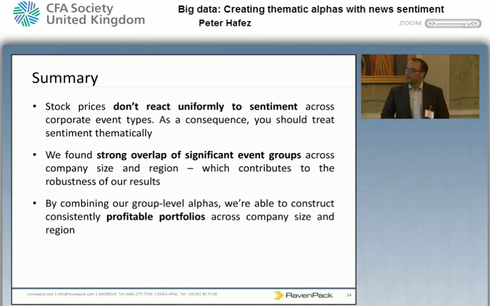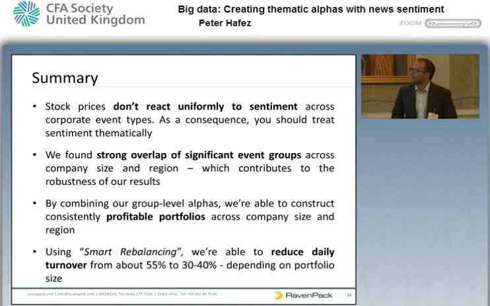And you can combine these group level alphas to construct consistently profitable portfolios, both across size and across region. And finally, you can add some smart rebalancing techniques from a practical point of view to get further boosts in terms of, say, post-transaction cost performance.